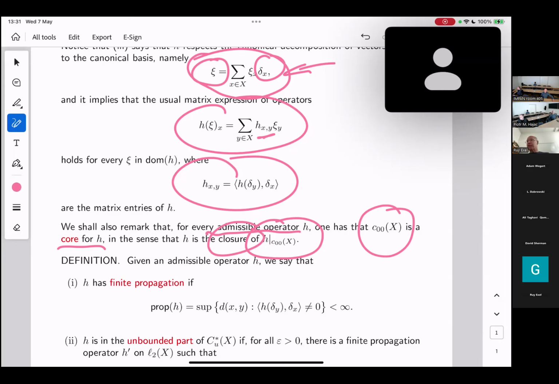So this says that the graph of the restriction is dense in the graph of the operator.